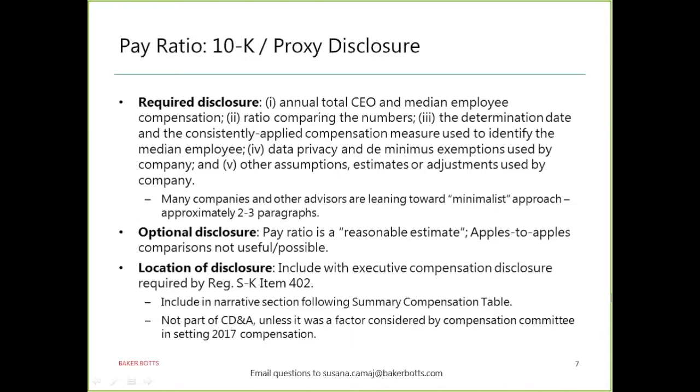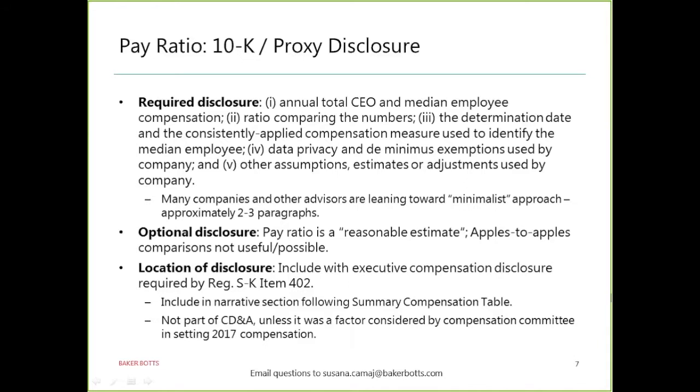I think something else worth disclosing would be to say that in light of the assumptions and adjustments and estimates that are relied upon in order to prepare this disclosure, an apples-to-apples comparison from one company to its competitor or its peer is not exactly useful or possible, because each company could be using a different assumption.